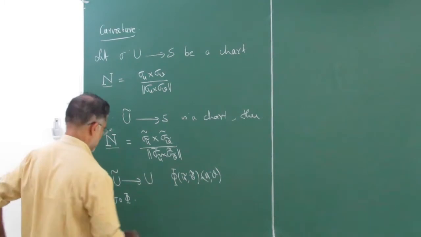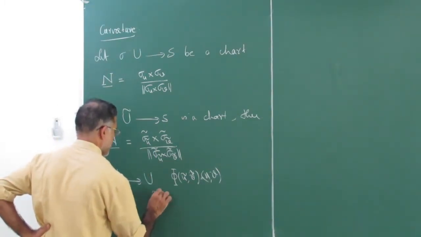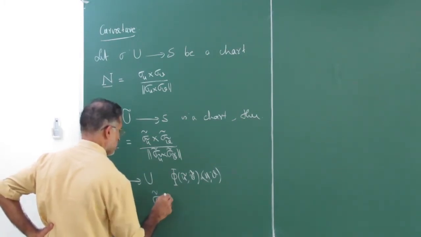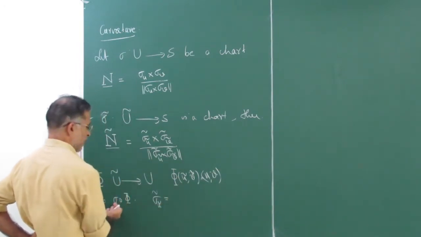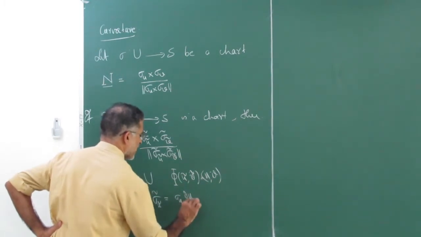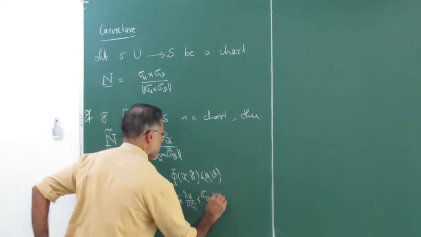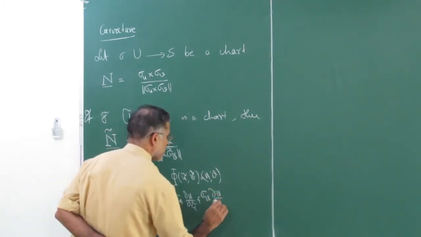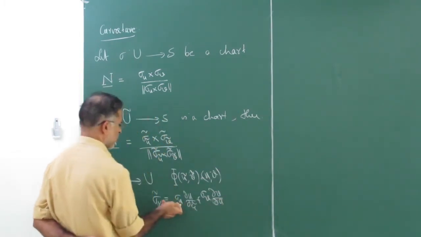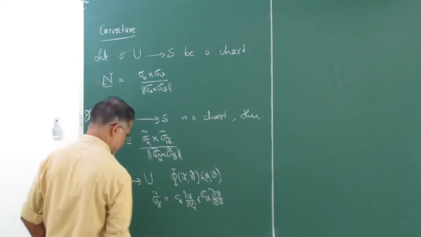Then we have seen your sigma tilde u tilde is equal to, by the chain rule, sigma u du by du tilde plus sigma v dv by du tilde. You remember this: differentiate with respect to the two variables involved in sigma, and differentiate those variables with respect to u tilde.